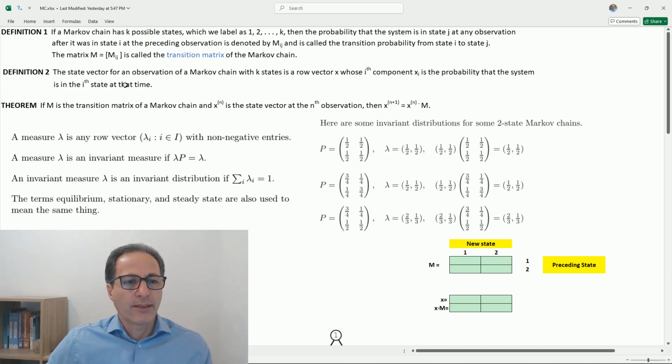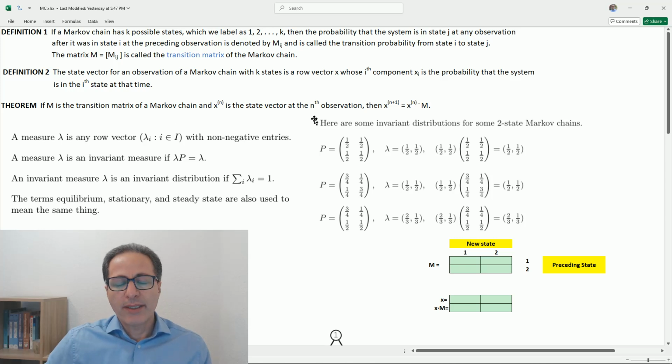So at any observation, let's say the nth observation, x is going to be the state vector with k components, and the i-th component of x is the probability that the system is in the i-th state at that observation.